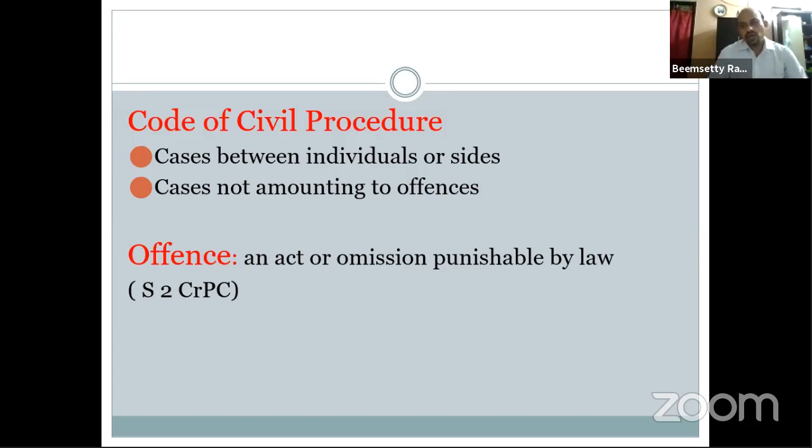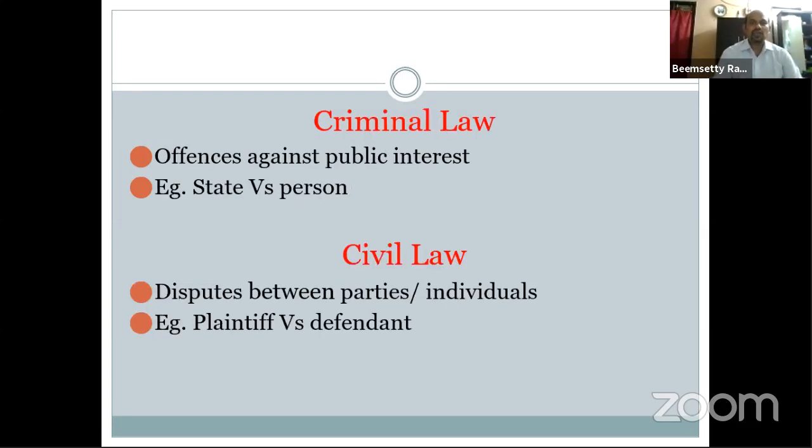If you are not doing something, or if you are doing something which is not legal, that is an offence, and it comes under Section 2 CRPC. This is also one procedure. That is why CRPC.